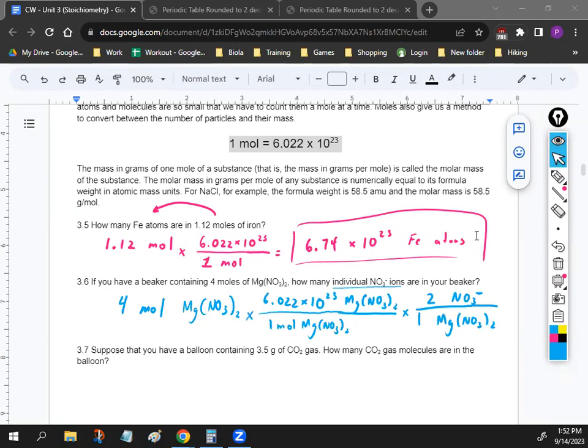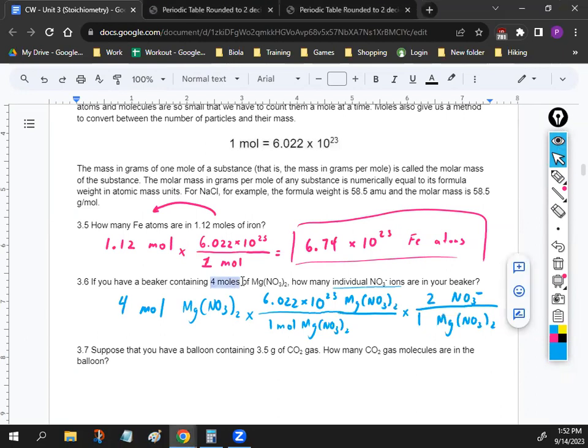So be very careful with what you're being asked to find at the end of the problem. Let me go over it to clear things up. Our starting number is 4 moles of magnesium nitrate. You turn moles into molecules of magnesium nitrate. But the question isn't asking for magnesium nitrate, it's asking for nitrate ions.